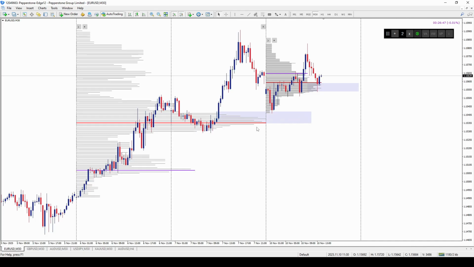Yeah, so that's our order block, and you can see exactly from that area price will reverse. So sometimes that zone is above the POC level, and sometimes at the POC level like this.